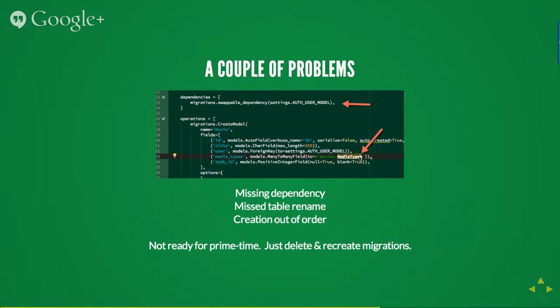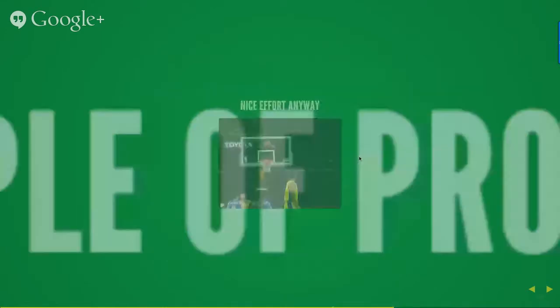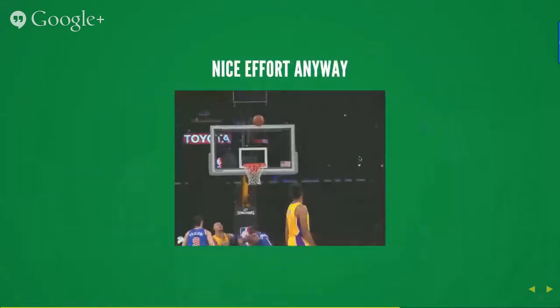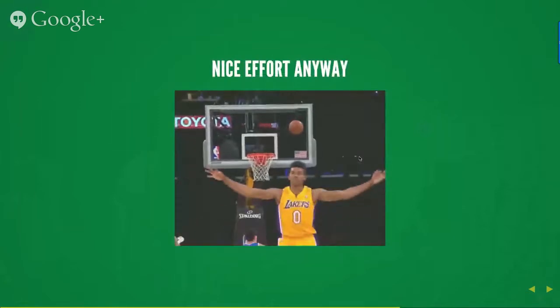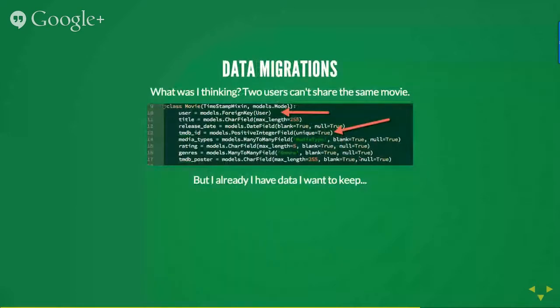If you're just going to squash everything back to the beginning, it's a lot easier to just delete all your migration files and recreate them. It's a lot simpler, and I think you'll get a lot farther. So yeah, not quite ready for prime time. And I think in the docs he says, if you have issues, submit a ticket for him, because I think he's still kind of working out the bugs on that.